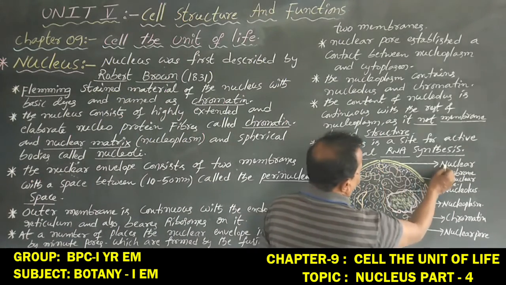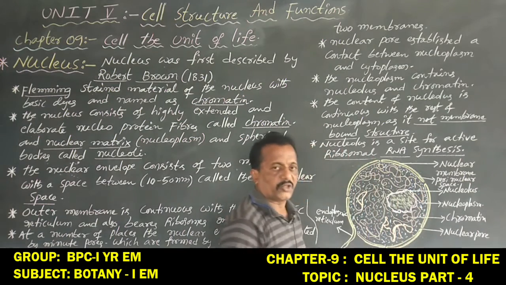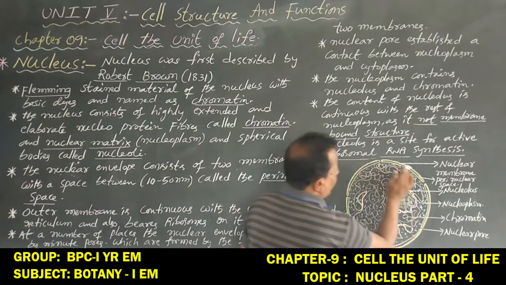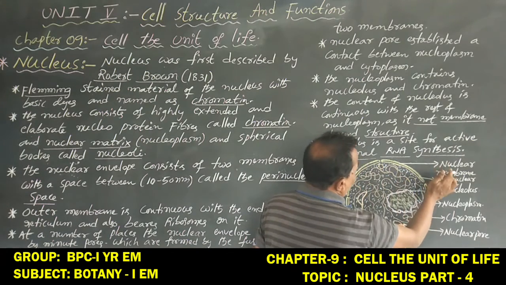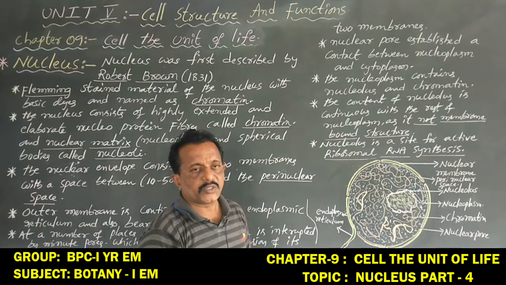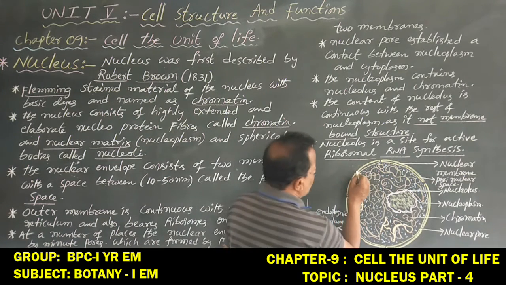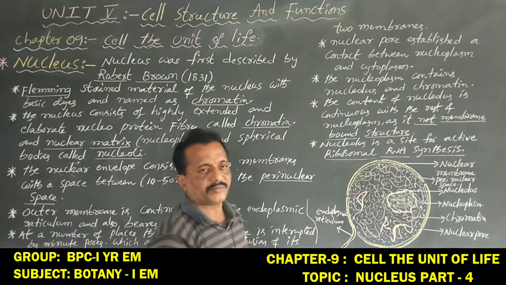This is the nuclear membrane, by which the nucleus is covered by one protective layer, that is called the nuclear membrane or nuclear envelope. This envelope contains two membranes. This is the outer membrane and this is the inner membrane.